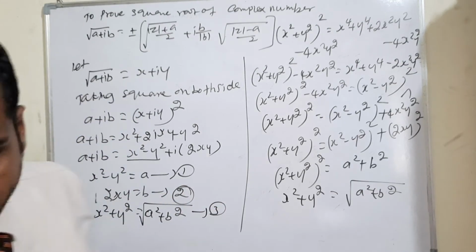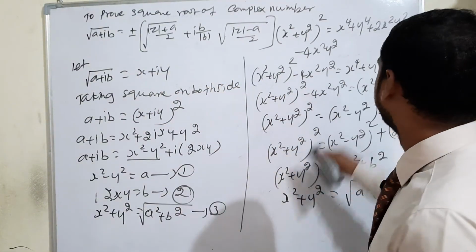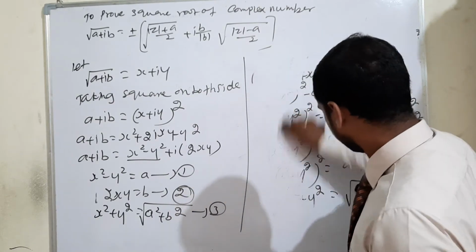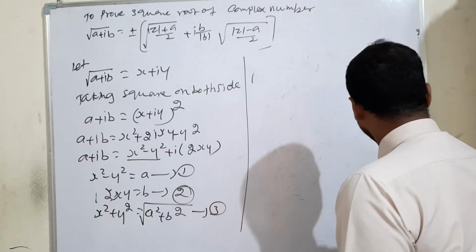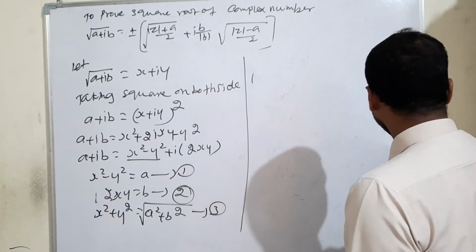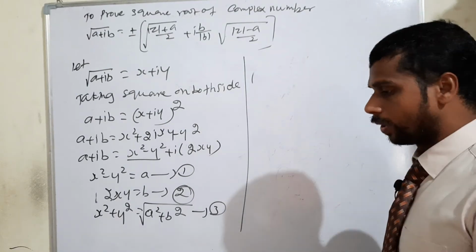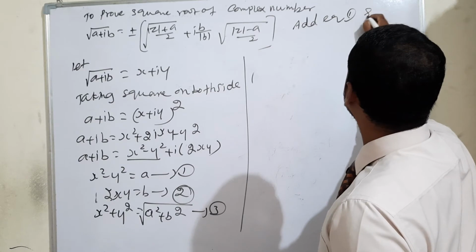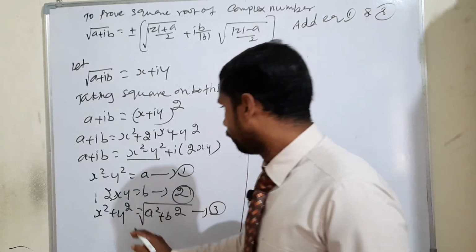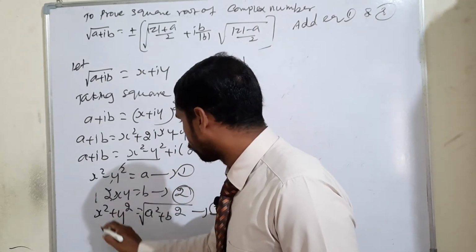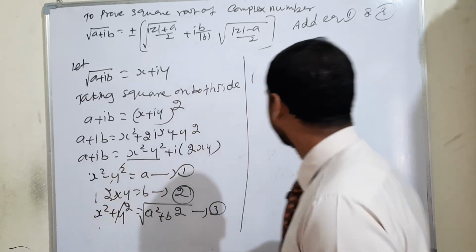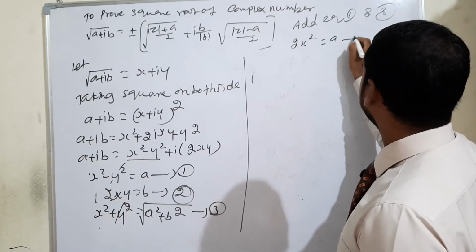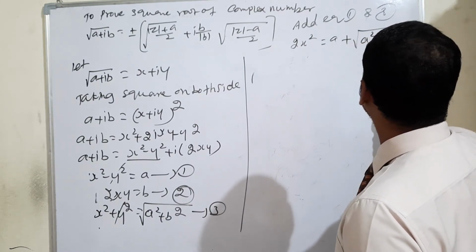Okay. Now add equation 1 and 3. Adding equations 1 and 3, minus y square plus y square cancel. Therefore x square plus x square, which is 2x square, is equal to a plus the square root of a square plus b square.